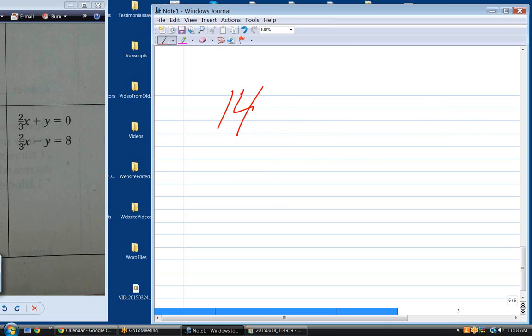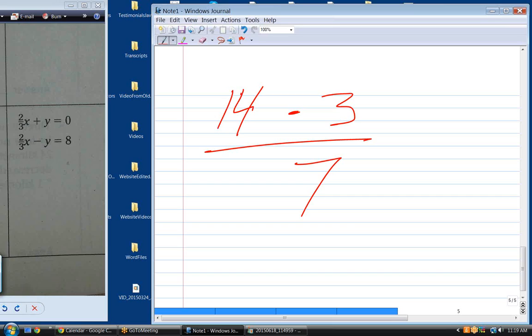So what's this equal to? Simplify first. 42 over 7.